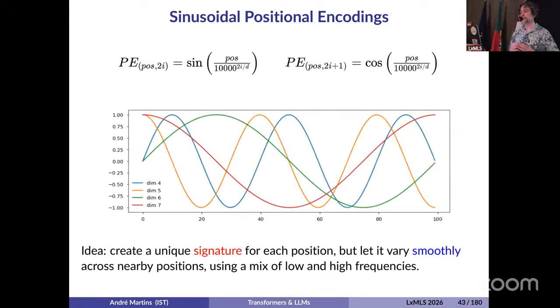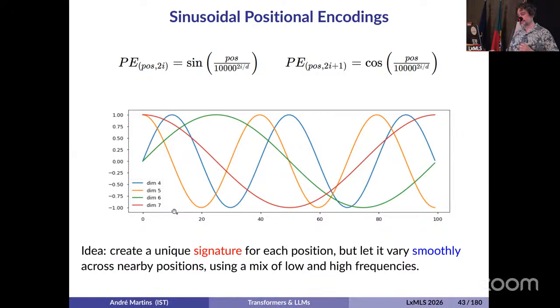So sinusoidal positional encodings, the idea goes like this. Instead of learning an embedding matrix as a parameter when you are learning the network, you just encode the embeddings for every dimension of this embedding vector by using sine and cosine functions with different frequencies. So here I'm showing 4 different frequencies for sines and cosines.